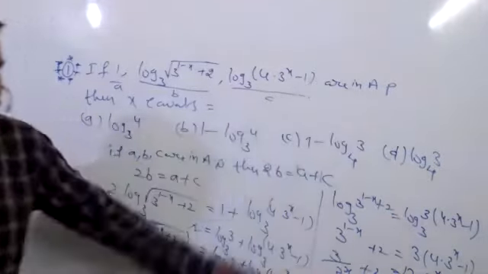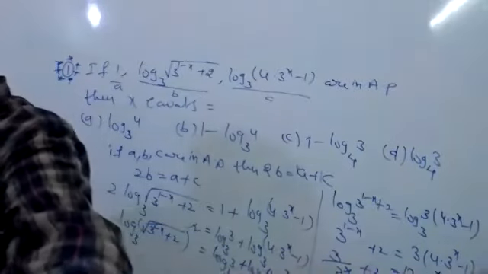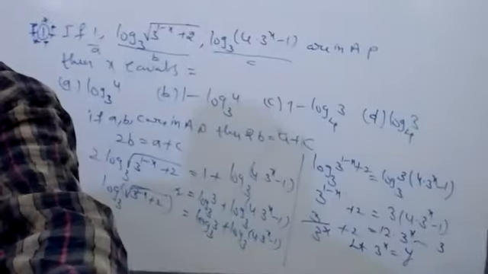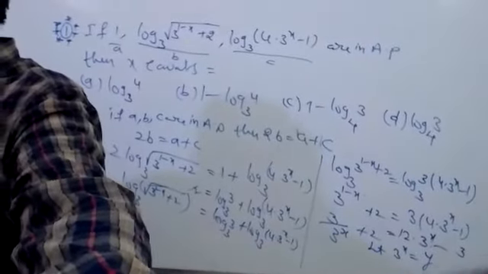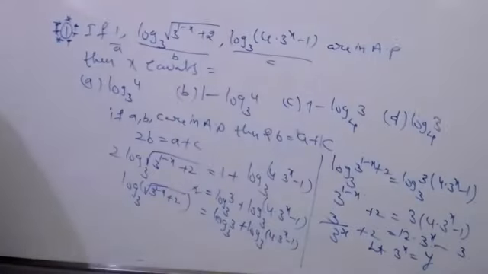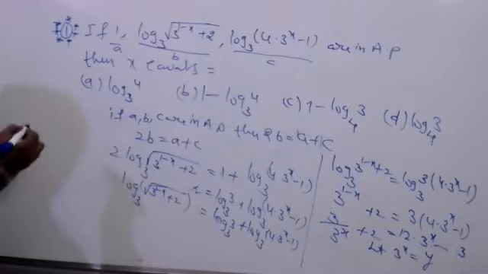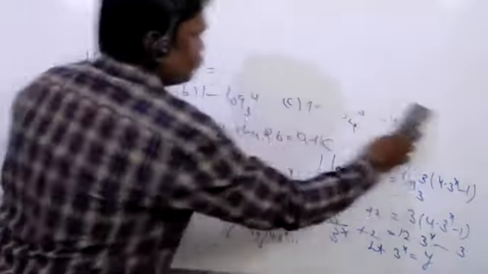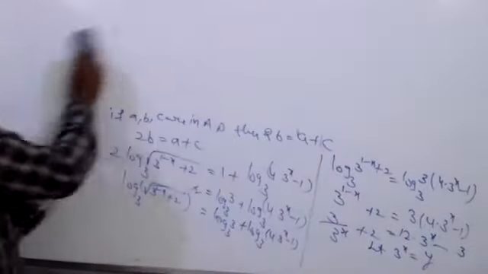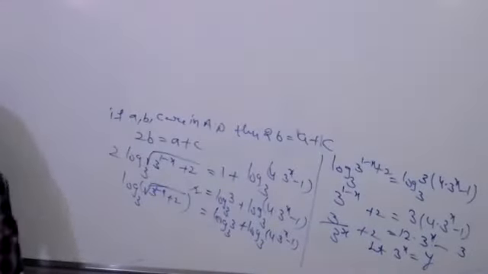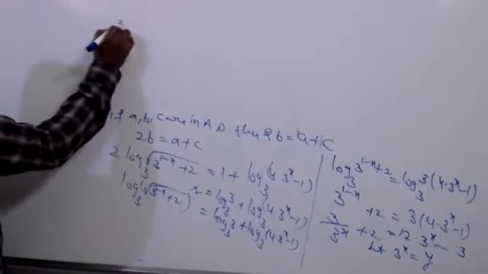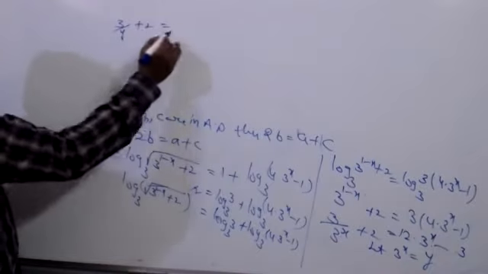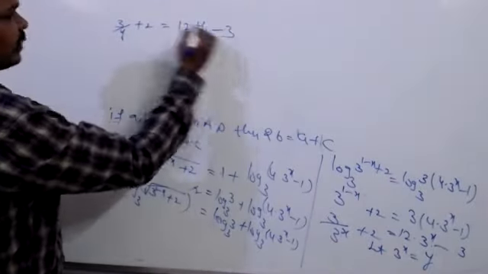Now substituting here, 3 by y plus 2 is equal to 12y minus 3, right?